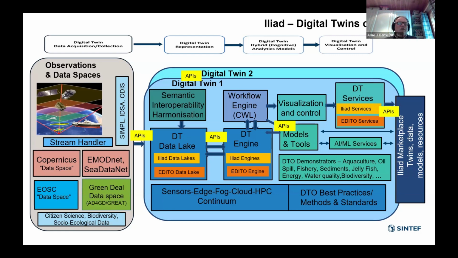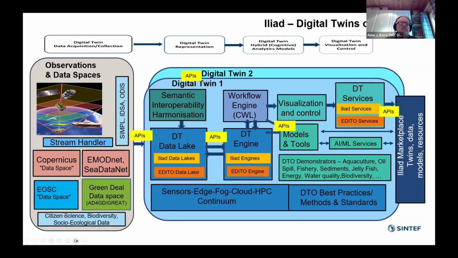We have a number of sensor data and handling real-time sensor data with stream handling. But we also collect existing data from CMEMS and from EMODnet, also SeaDataNet, also EOSC, the European Open Science Cloud, and CMEMS in the context of being viewed as a data space and see how that might follow some of the data space principles, and in particular the Green Deal data space that we'll hear more about.